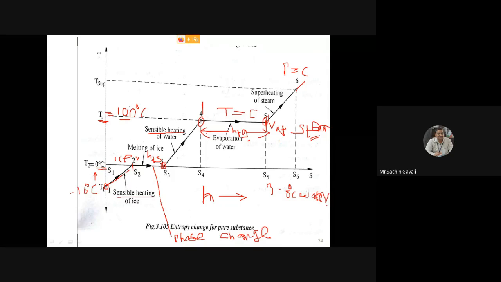Temperature will increase, and this process from 5 to 6 is called superheating of steam. Superheat means the temperature goes on increasing beyond the saturation temperature. So this is called superheating of steam, and that steam is called superheated steam.